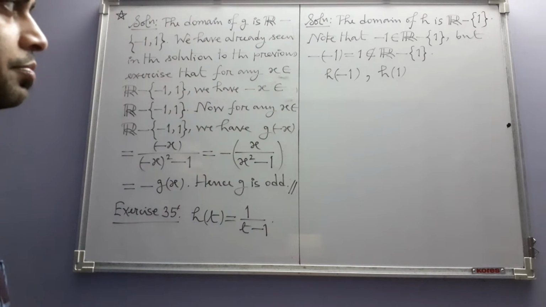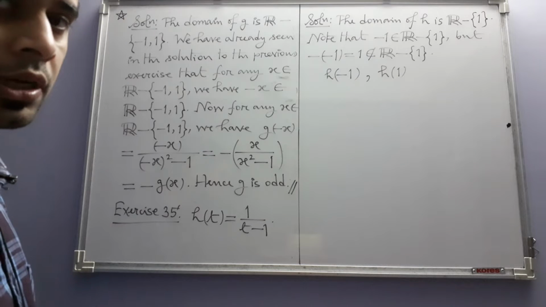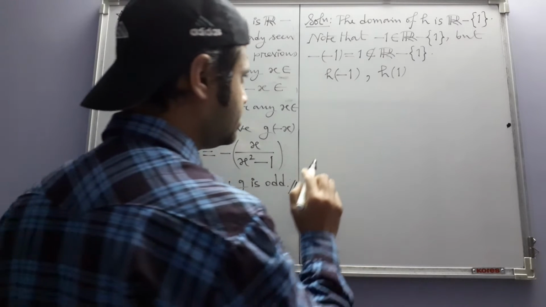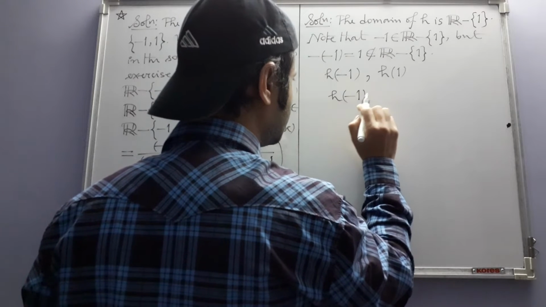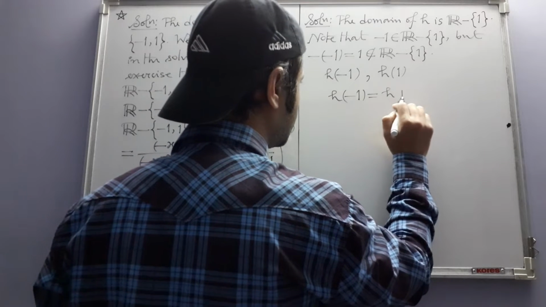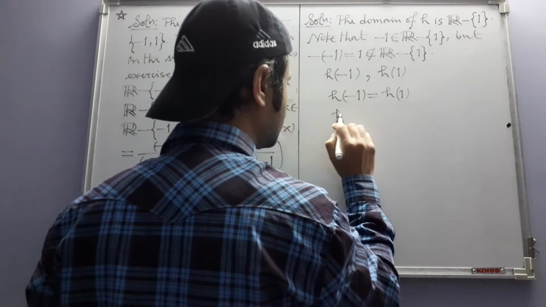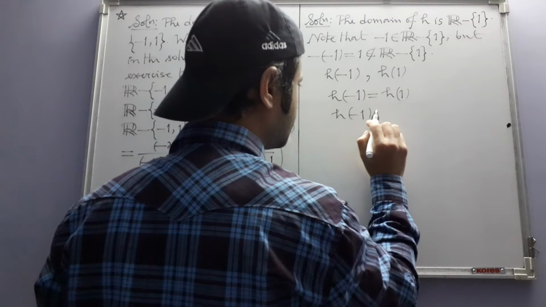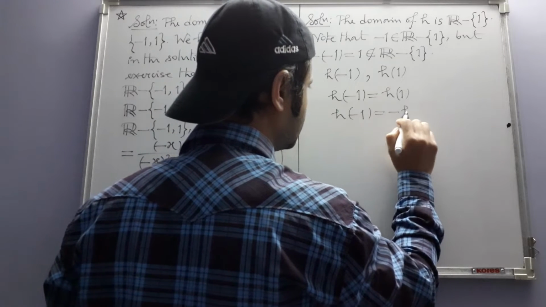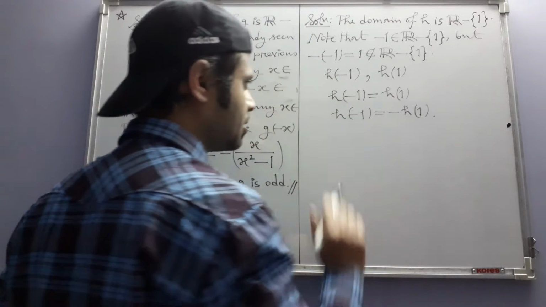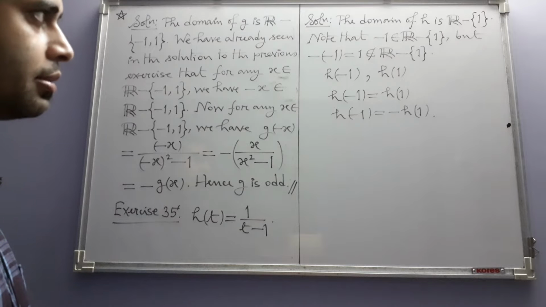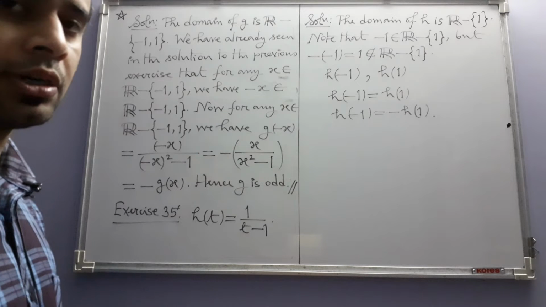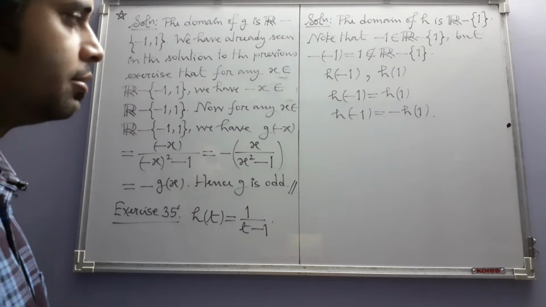So, since we cannot calculate H of 1, it is meaningless to ask whether this is equal to H of 1 or this is equal to minus H of 1, because H of 1 does not exist or is undefined.